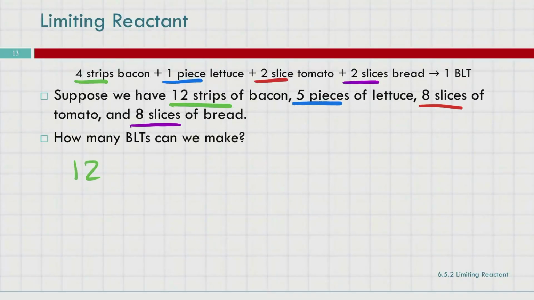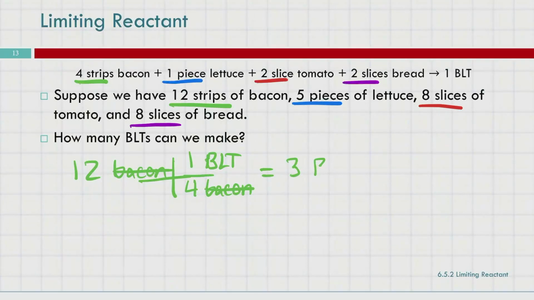So for our bacon, 12 bacon, our ratio is 1 BLT out for 4 strips of bacon in. So 1 BLT per 4 bacon. And we could make 3 BLTs, given the amount of bacon that we have. Let's check for lettuce.